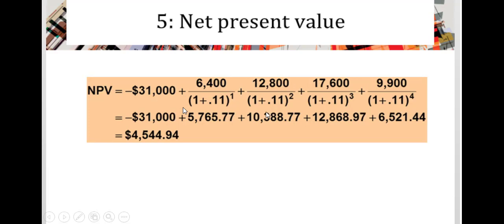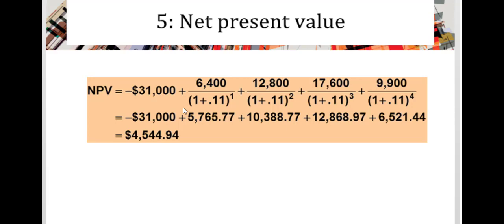The project shown has an NPV of $4544.94 in today's dollars, given the estimated cash flows at an 11% rate of return. So this is a discounting factor. This project should be accepted based on the net present value decision rule, which states that you should accept a project if the NPV is positive.